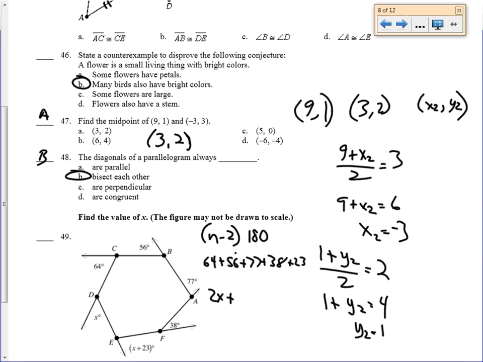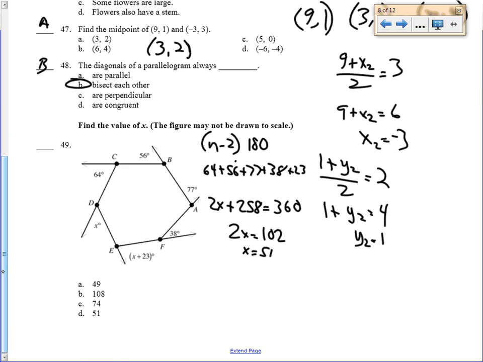What do I set them equal to? 360. Okay, so I subtract that from 360. That gives me 102. If 2x equals 102, it's 51. What answer is 51? D.